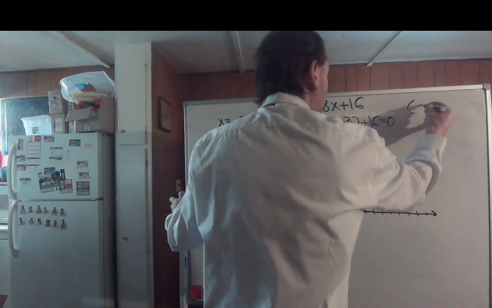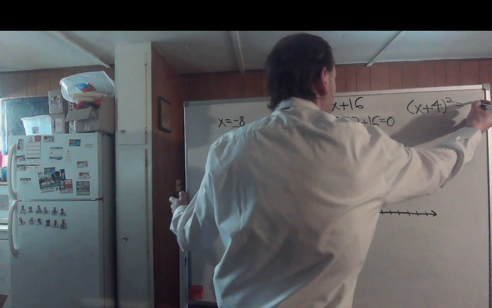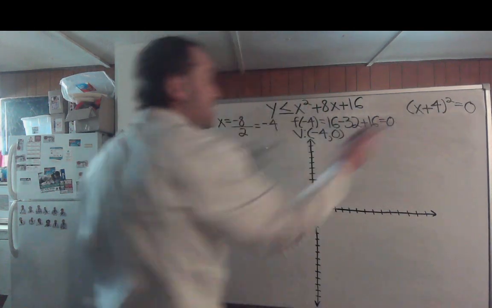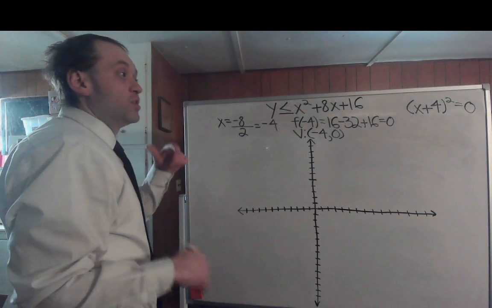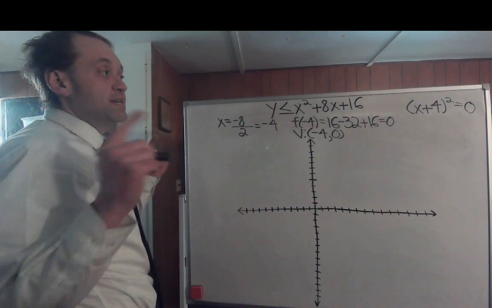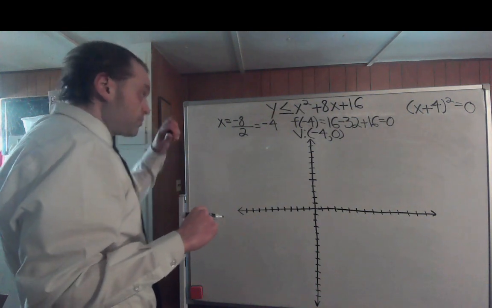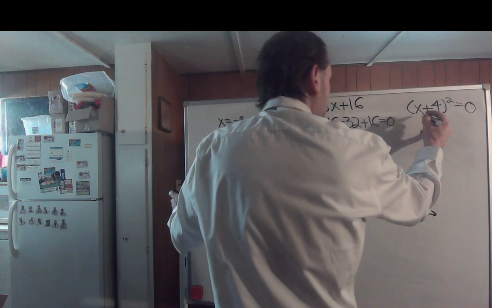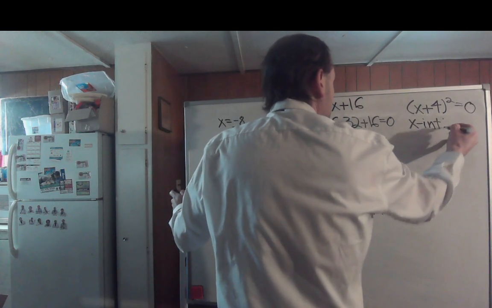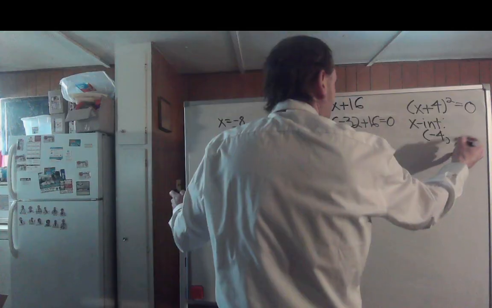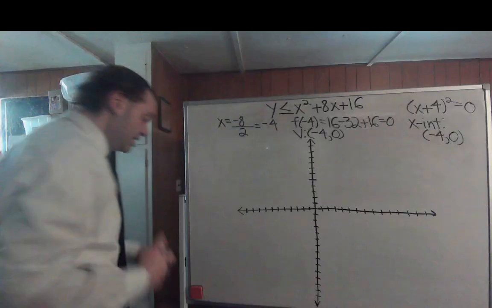This would turn into x plus 4, that quantity squared, equal to 0. But since that factor is raised to the second power, yes, it's still an x-intercept, but it only touches the x-axis at that point. It does not cross. So the x-intercept would still be at negative 4, 0. So the vertex is also your x-intercept in this case.